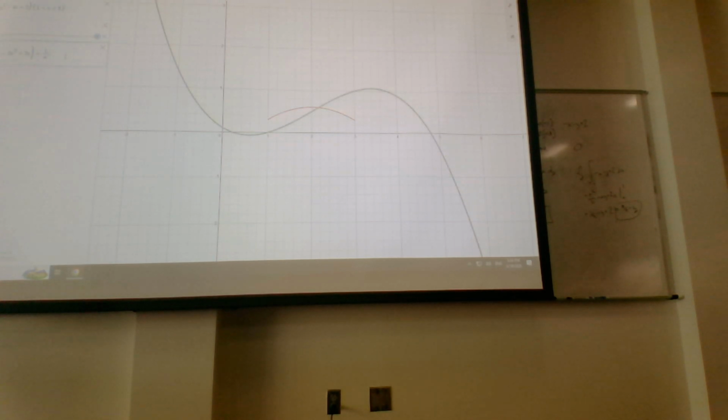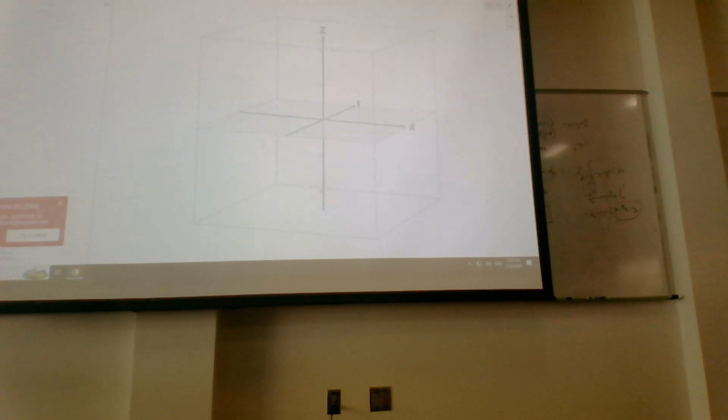So that's what the PDF looked like, and then the CDF looked like that. That's what we always do: PDF, CDF going all the way to 1. Pretty simple stuff. Okay, so with two variables, we find ourselves in kind of a 3D land.